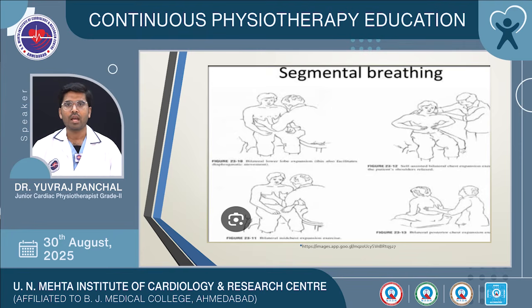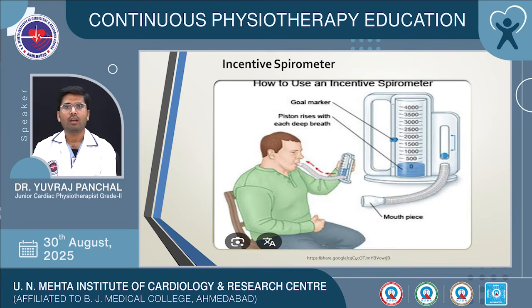Take a deep, slow breath through your nose and direct the air towards your hand, applying pressure. Now hold the breath for 2 to 3 seconds. Exhale air through your mouth and relax.